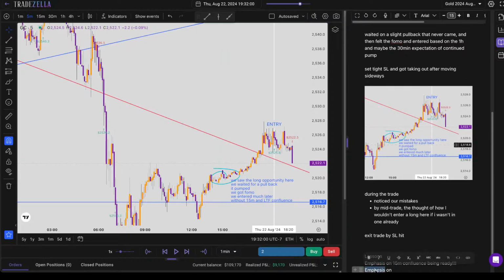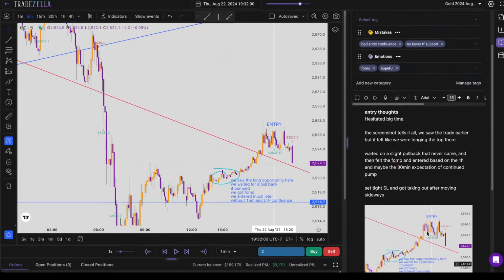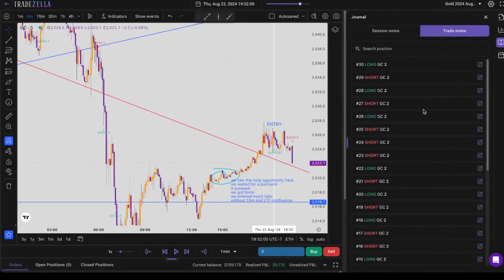Oh, it's with an A. Emphasis on 3 5-minute confluence entry ready. You know, this is trade setup ready, and that's entry ready. Very key. Very key. There it is. Journaled a loss. We got to trade 30, folks. We got to trade 30.